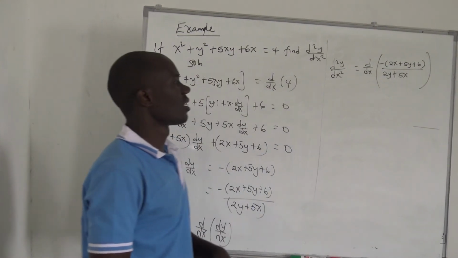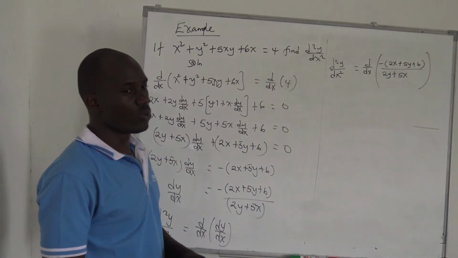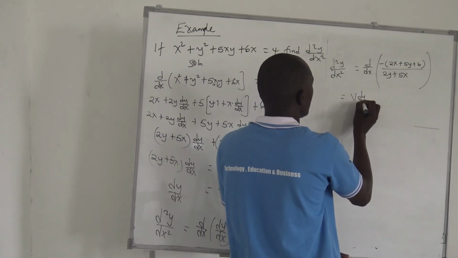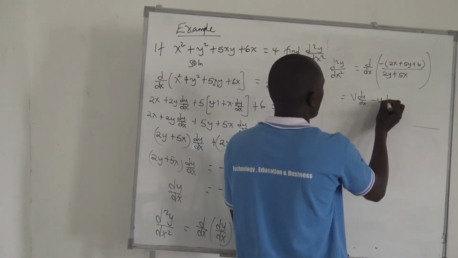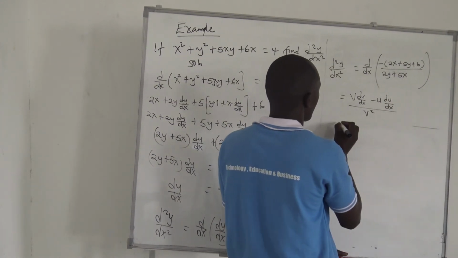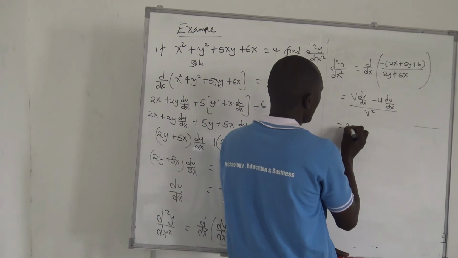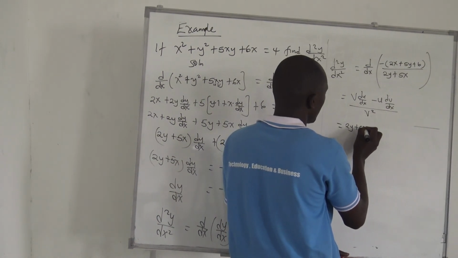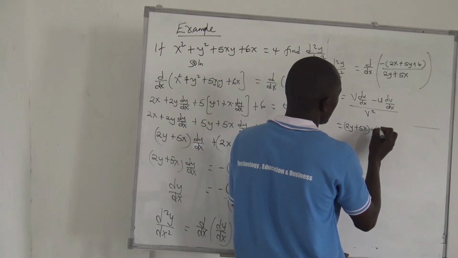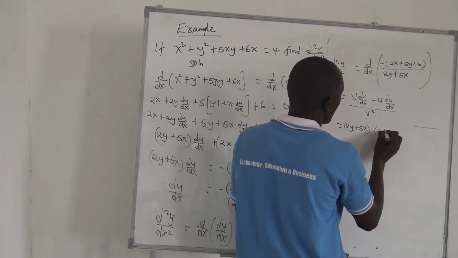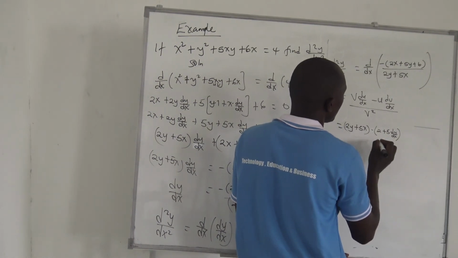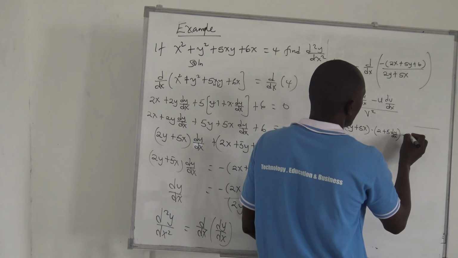Then from there we apply the quotient rule, which goes v du/dx minus u dv/dx all over v squared. What is our v? 2y plus 5x. When you differentiate the numerator, you remain with the negative of 2 plus 5 dy/dx, minus, what is our u?